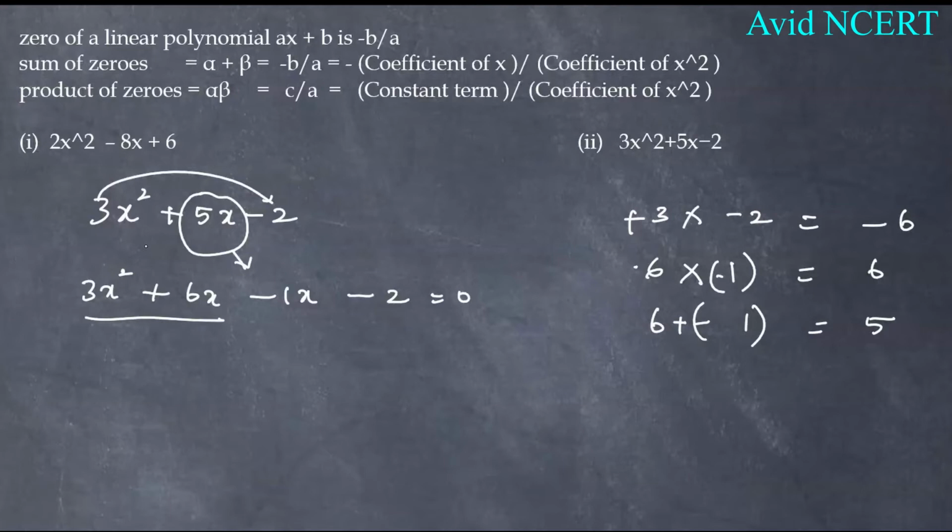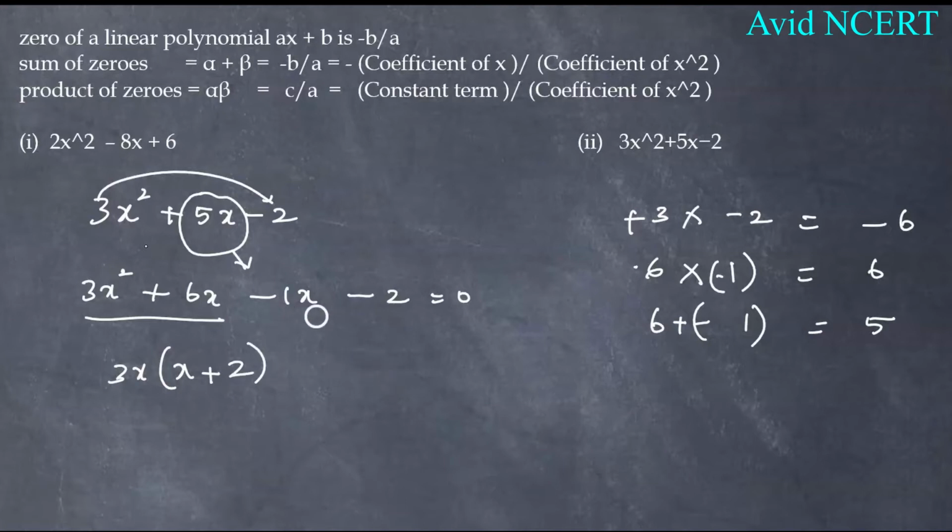So for the first two terms we have to find the common term, which is 3 and x. So 3x is taken out, and the remaining is x in this, and this plus comes down here. 3x into 2 we get 6x, and we know that this term and this term will be same.